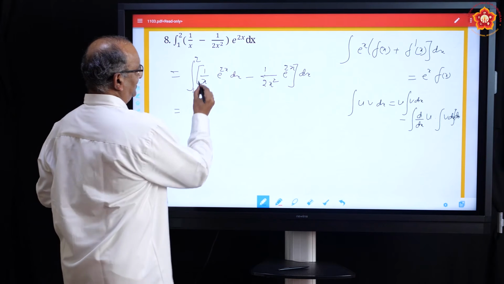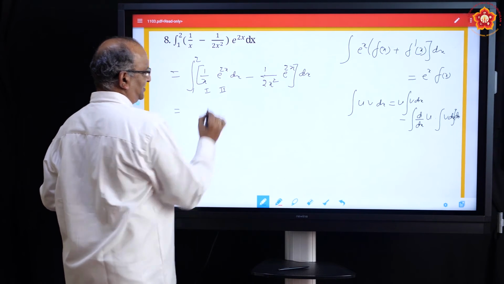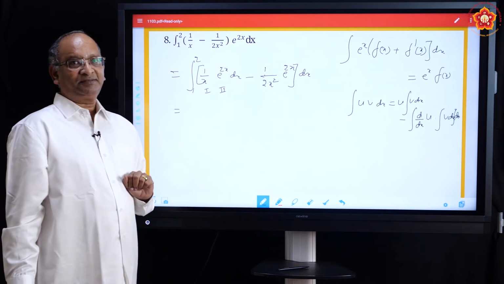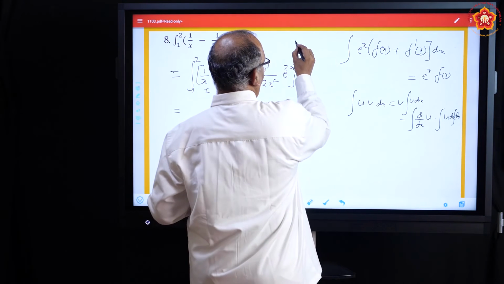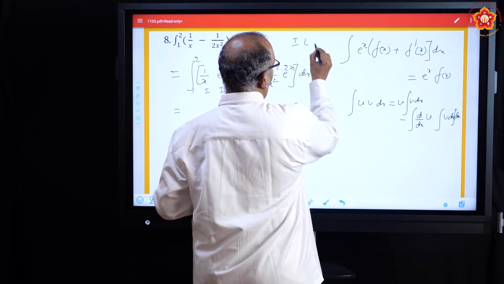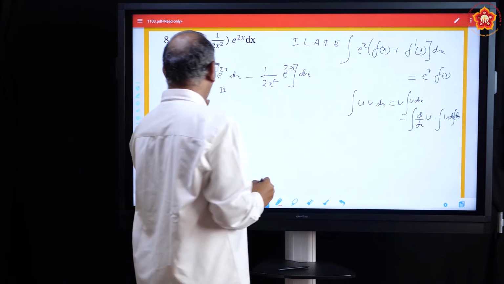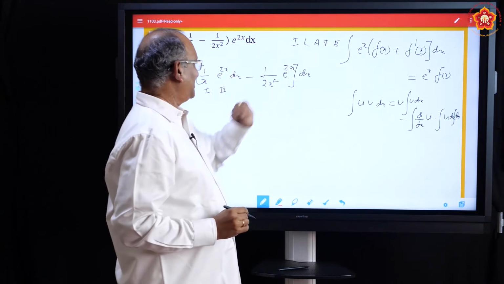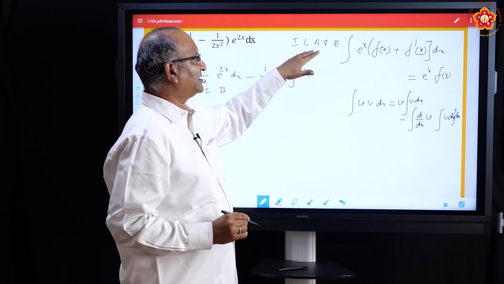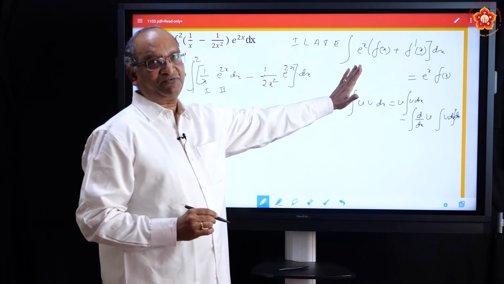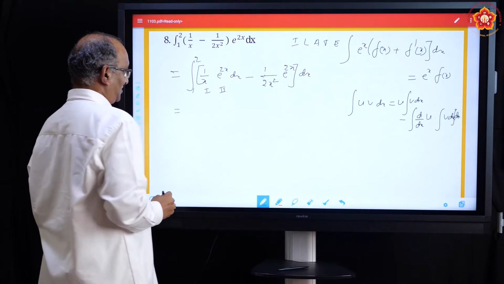So apply that. Take 1 by x as first function, e to the power 2x as second function. How do we choose this? Recollect the formula, ILATE. One by x is algebraic function. E to the power 2x is exponential function. Algebraic function comes before exponential function. So that should be taken as first function.